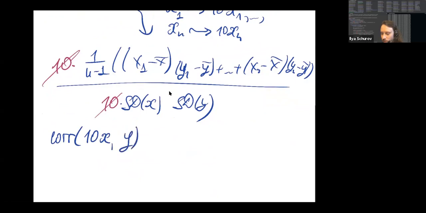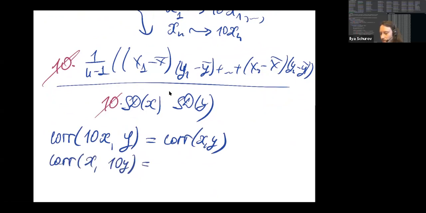Just let me write it down like this. If I multiply all values of x by 10, then correlation coefficient doesn't change. And the same happens if I multiply the second variable by 10. And of course, I can replace 10 with any other non-zero number.